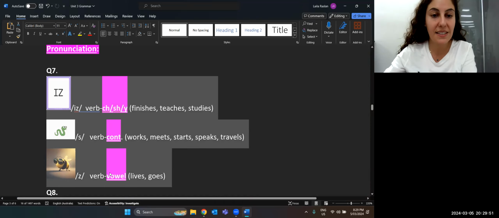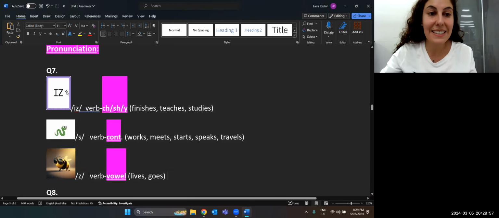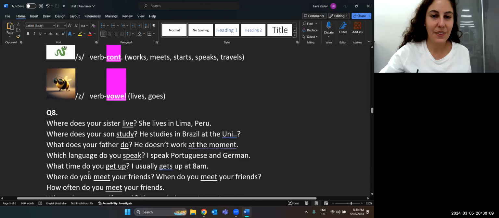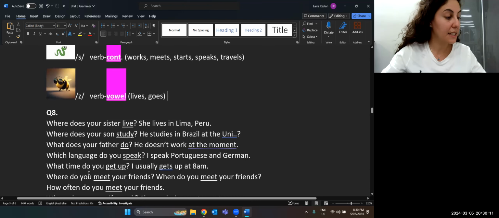Whatever the verb is, look at the ending and make the correct sound. So this is an "is", this is an S, and lives. Don't worry if I can't pronounce it, it just takes practice.